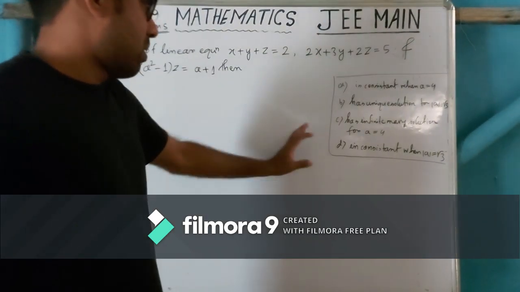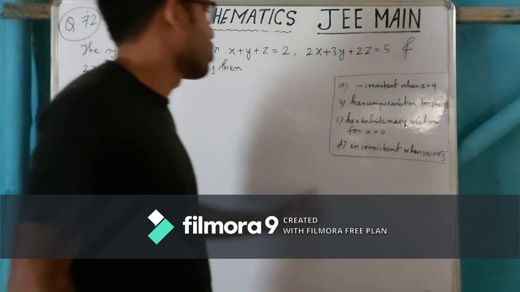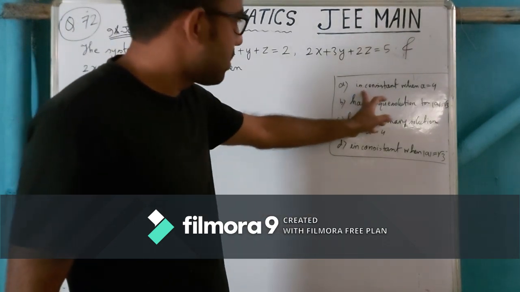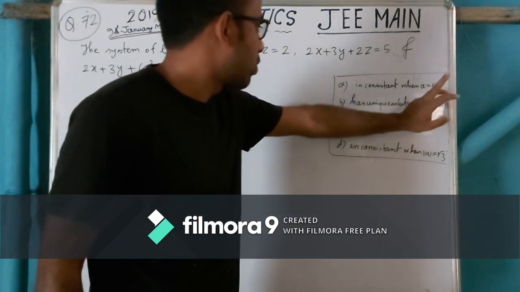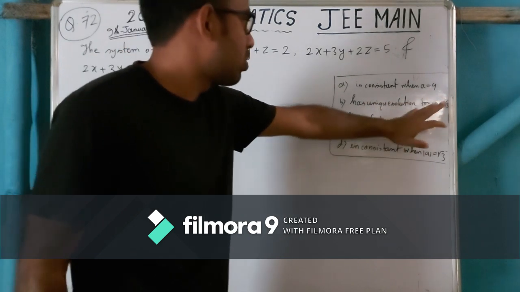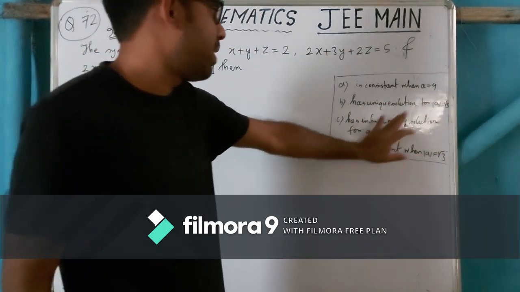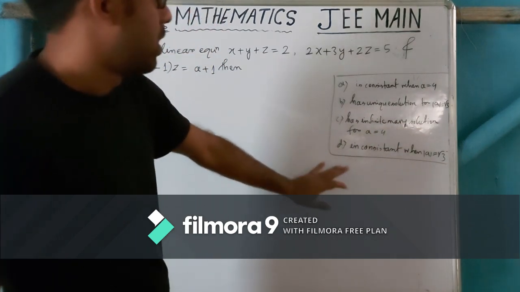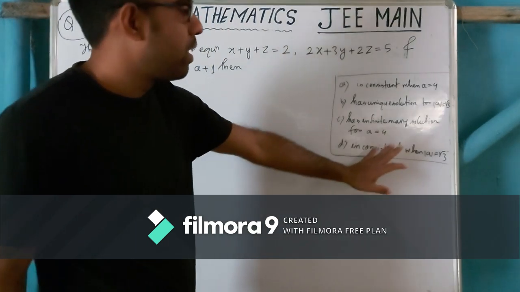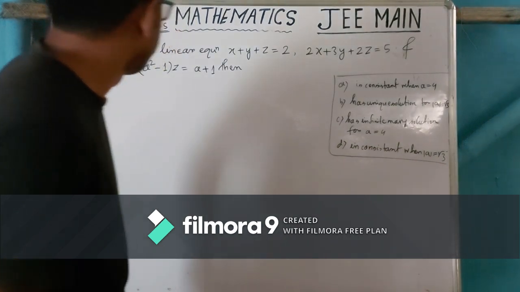Which of the four options is correct? The options: consistent when a equal to 4; has a unique solution for mod a equal to root 3; has infinitely many solutions for a equal to 4; inconsistent when mod a equal to root 3.